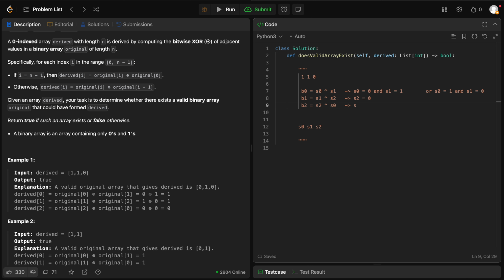So if S0 is 0, and here it's the other way around. Is that true? So this is 0, S2 is equal to 1.